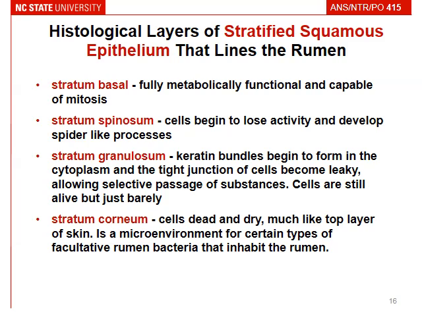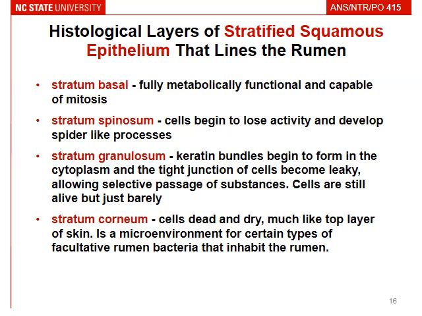And then you have the stratum corneum, and these cells are completely dead. So they are the ones that slough off. They're similar to the top layer of skin. So if you ever have dandruff or whatnot, the skin cells are able to slough off so that you're not injured. So the stratum corneum is exactly the same.